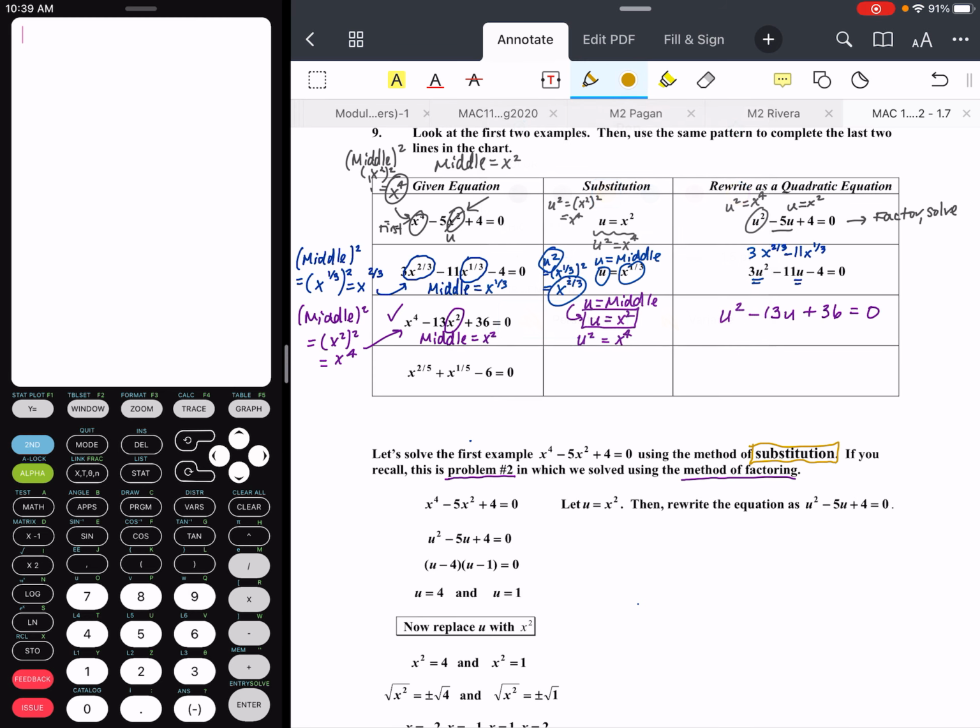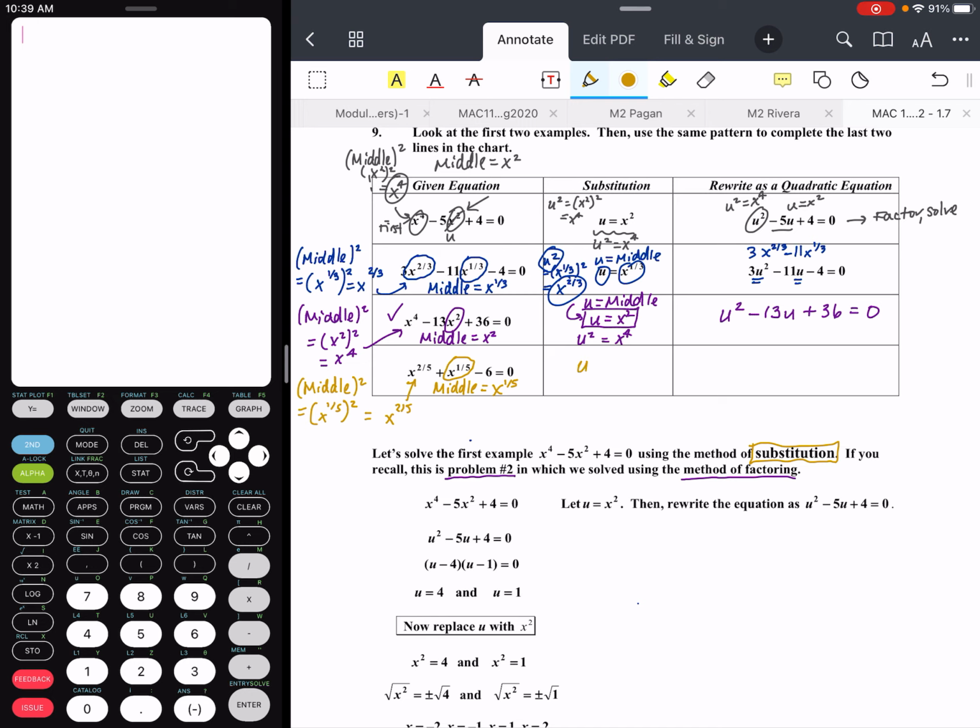Let's take a look at our last example. Here my middle variable is x to the 1/5. If I square that middle variable, I'll have x to the 1/5 squared. By the power rule, I'll multiply those exponents together, which gives me 2/5 in my exponent, so x to the 2/5. And that's what I got for my first variable.